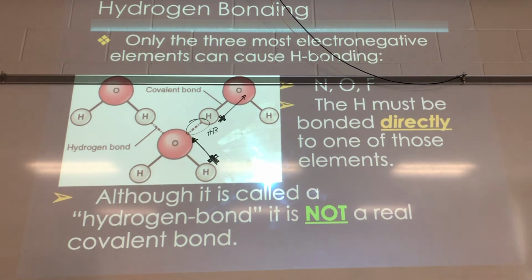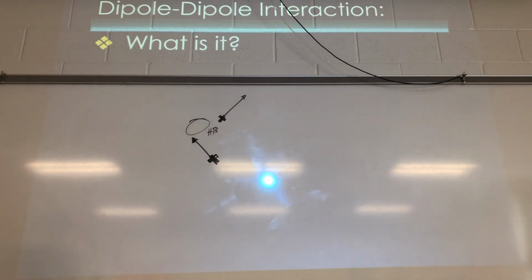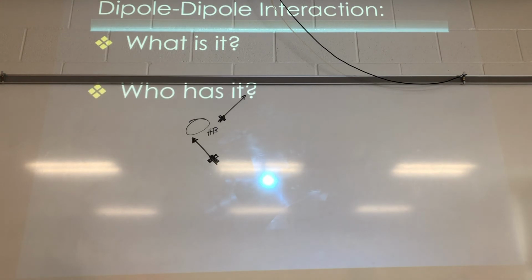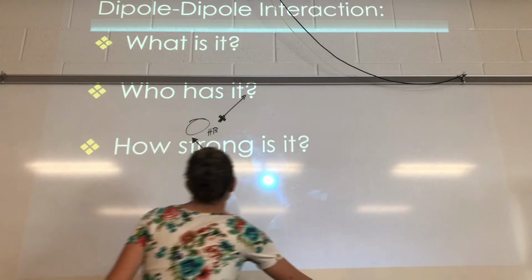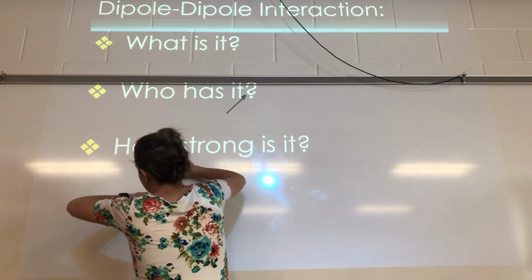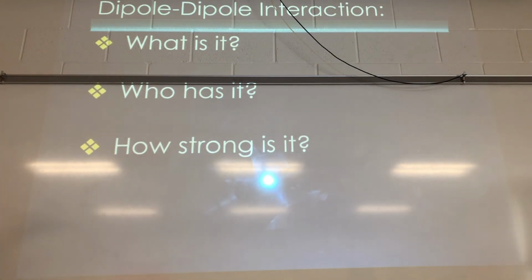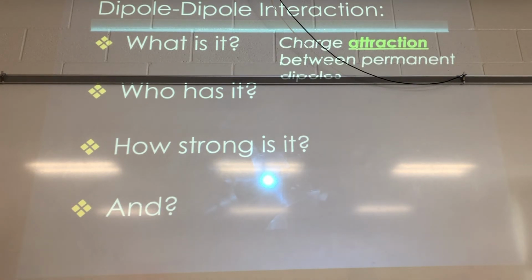Okay, flip the page over, and what we're going to do is we're going to summarize all three forces and then practice identifying. And then that's the last thing we'll do today. Okay, so dipole-dipole is the charge of attraction between permanent dipoles.